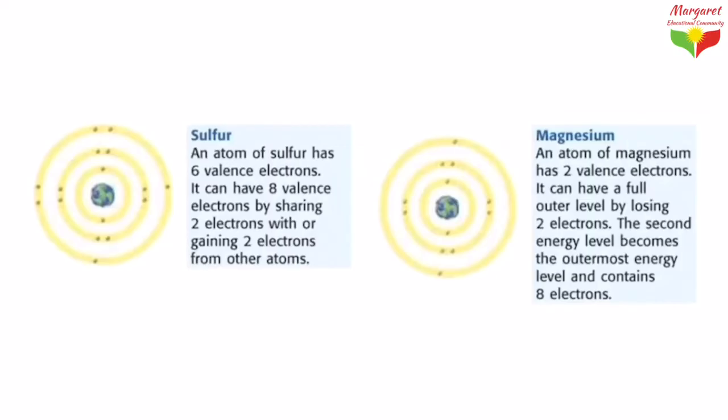It can have 8 valence electrons by sharing 2 electrons with or gaining 2 electrons from other atoms, so that the outermost energy level would contain 8. An atom of magnesium has 2 valence electrons. It can have a full outer level by losing 2 electrons. The second energy level becomes the outermost energy level and contains 8 electrons.